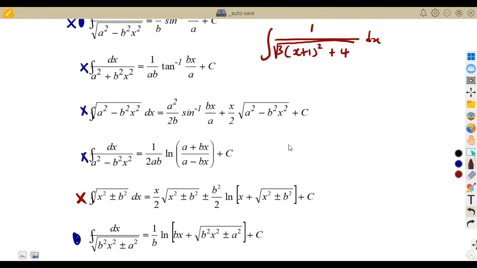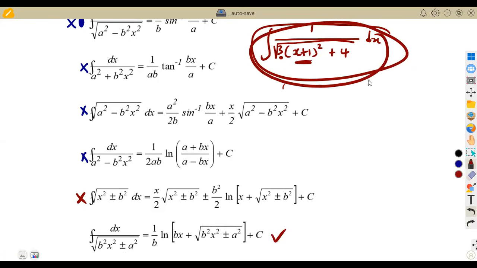So this one is the best because we can write this 3 as a number to the power of 2. This bracket is already raised to the power of 2. And they are saying plus or minus, meaning we can use a plus, we can use a minus. So this is the best formula that we can use to integrate this.